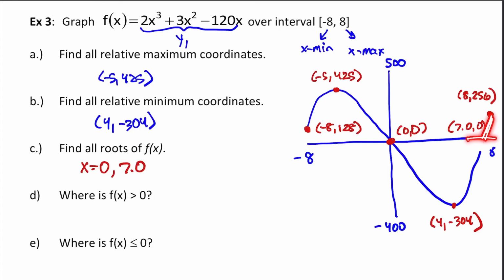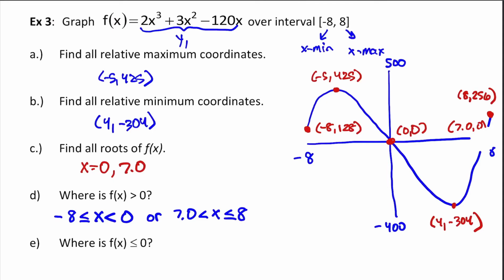This here is also above. All right, so my interval is going to be -8 is less than or equal to x is less than 0, or 7.0 is less than x is less than or equal to 8.